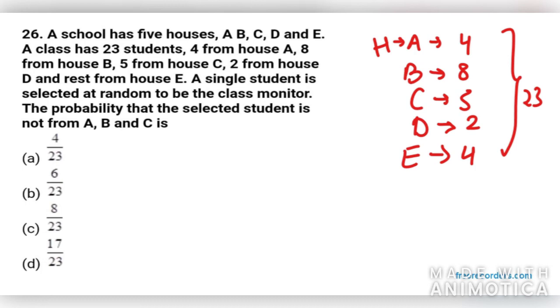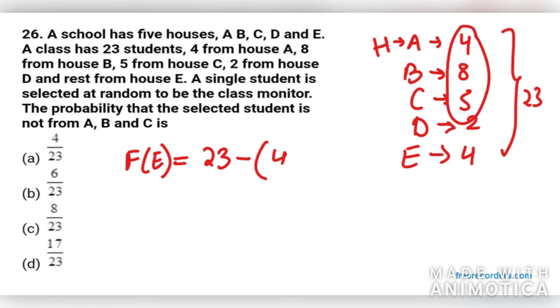A single student is selected at random to be the class monitor. The probability that the selected student is not from A, B or C. So FE will be the total 23 minus these 3, that is 4, 8 and 5. 4 plus 8 is 12, 12 plus 5 is 17.